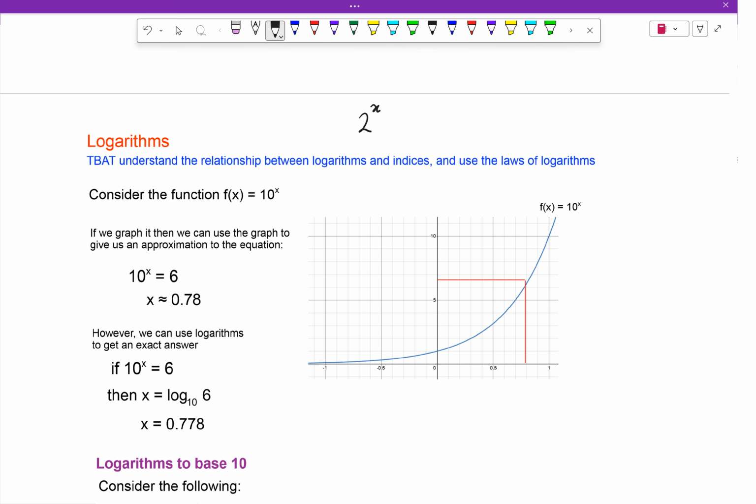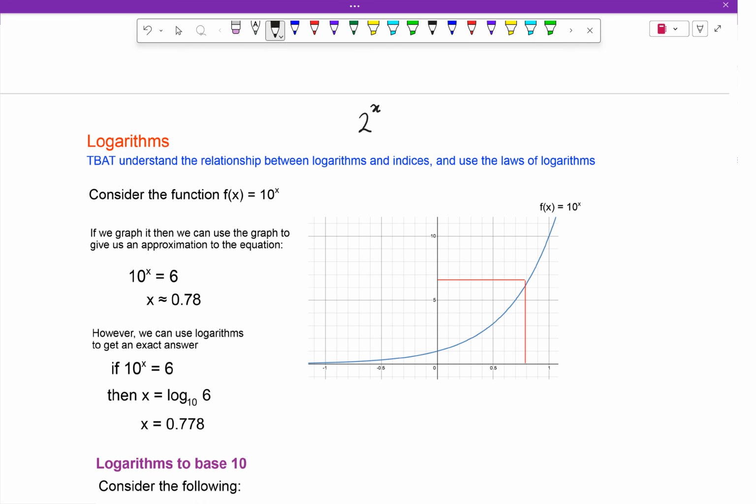But what is the condition? The condition is that this base and this part must be the same, in order to cancel out each other. So everything here is cancelled out, which leaves the 2. Let's try another example.